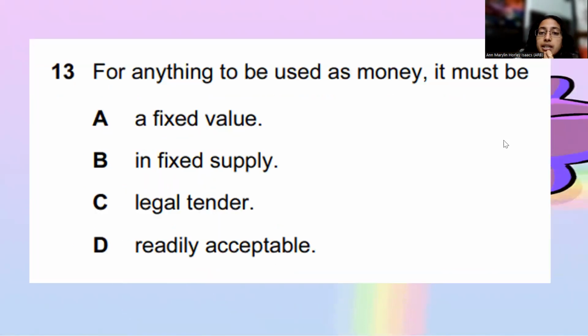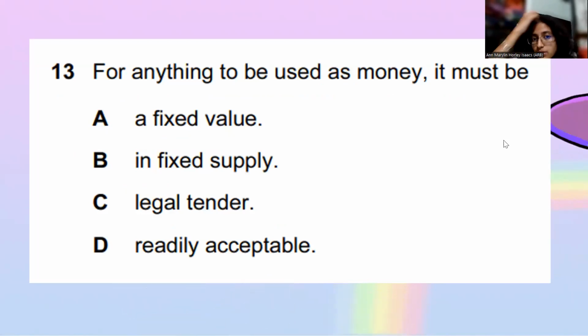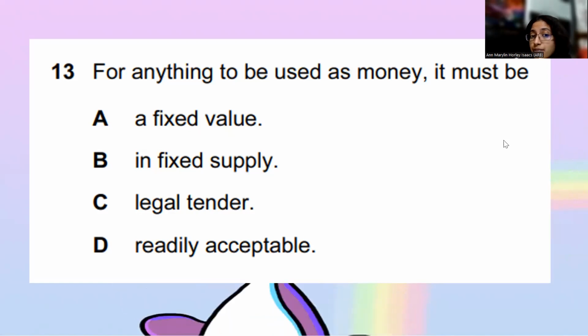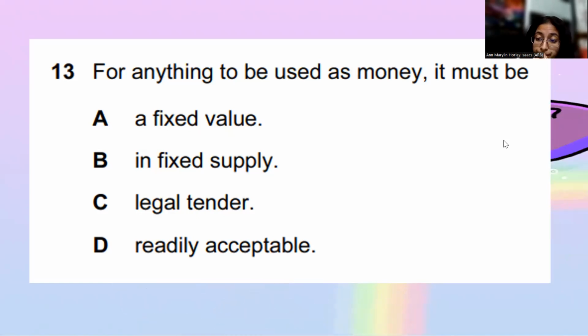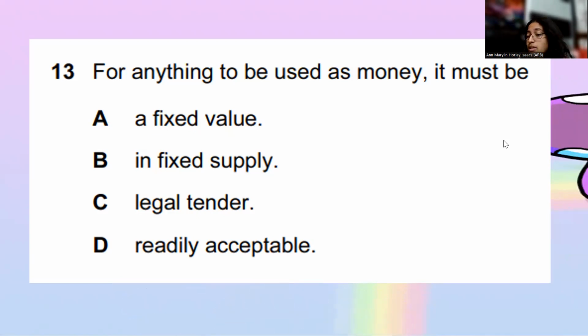Okay. Number 13, for anything to be used as money, it must be. Okay, so there are some characteristics that must be there for something to be recognized as money, if you remember. Fixed value is not one of those. If money has a fixed value, that's quite dangerous, and that is only done in situations when the economy is really, really in a dire state.